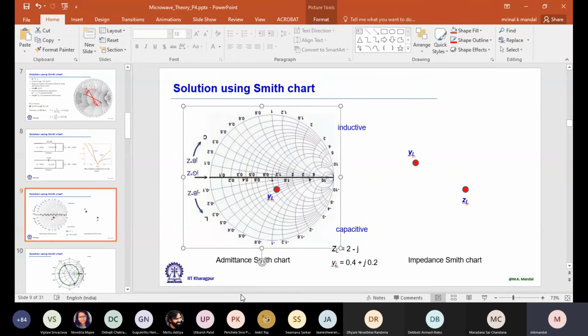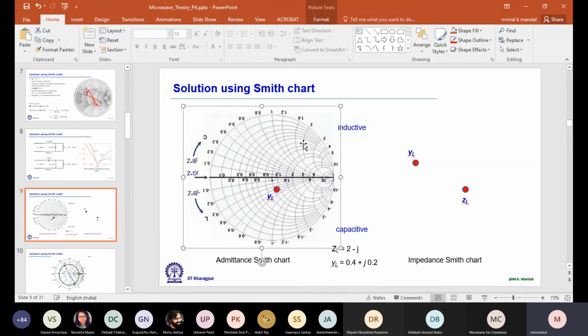So we see that it looks the same as the impedance Smith chart. So the impedance Smith chart itself I can consider as the admittance Smith chart, provided we are not using both impedance and admittance values. This point you have to understand.